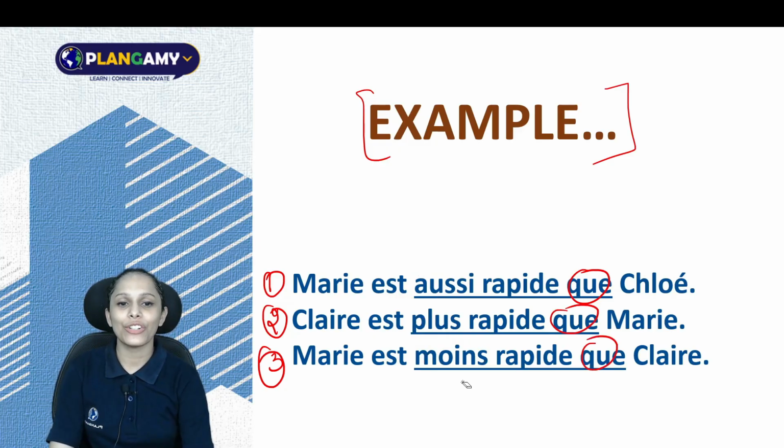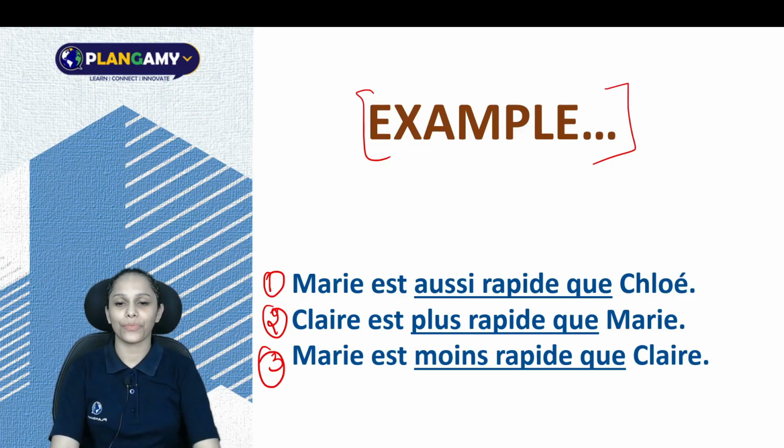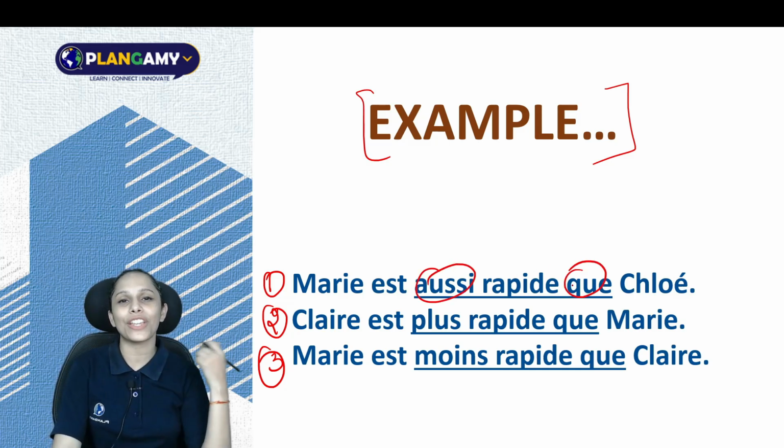Okay, so let's read these sentences and let's try to understand la comparaison in detail. The first sentence says, Marie est aussi rapide que Chloé. So, it means Marie is as fast as Chloe. When we want to show equality or a degree of equality, we use aussi que.